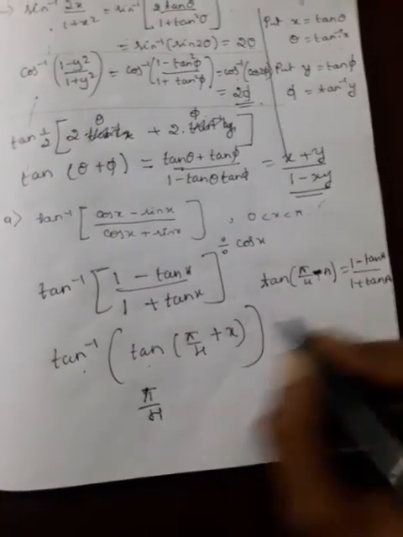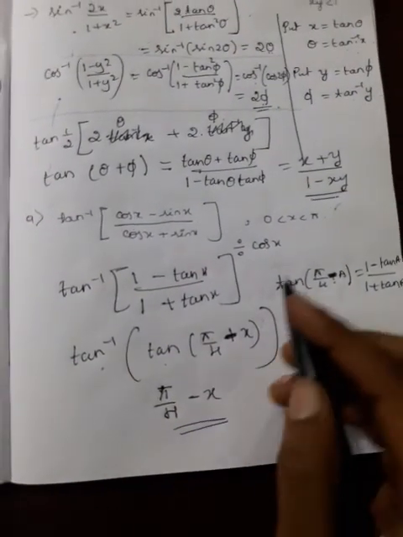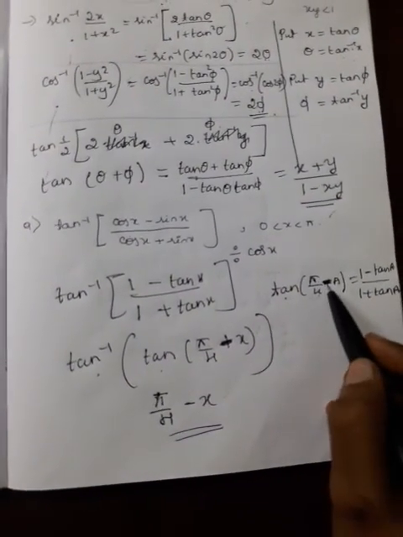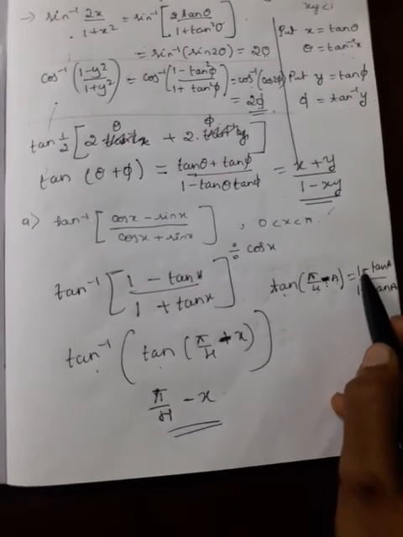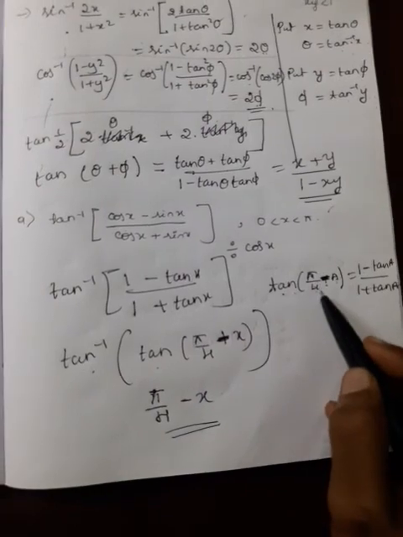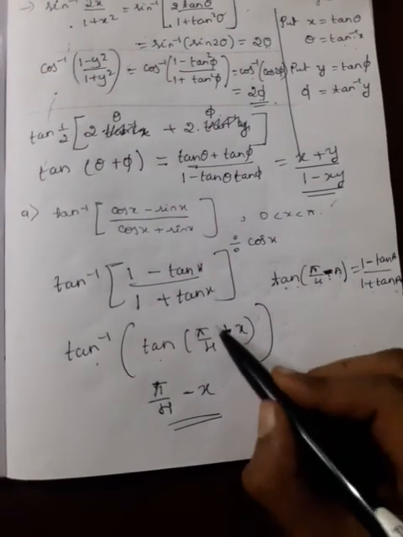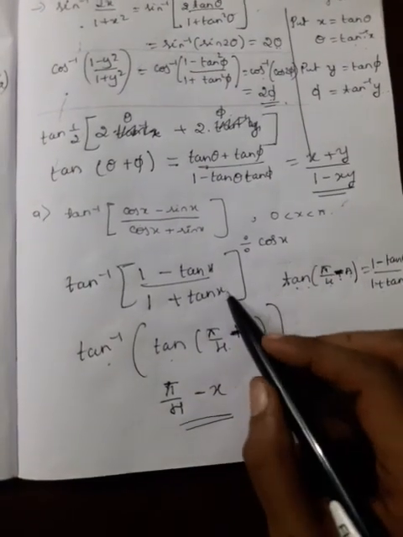No, this is pi by 4 minus x. Tan of pi by 4 plus a is there if the numerator is plus; if it is minus, the numerator is minus. Tan of pi by 4 minus a is equal to 1 minus tan a divided by 1 plus tan a. Therefore pi by 4 minus, instead of a, x is there.